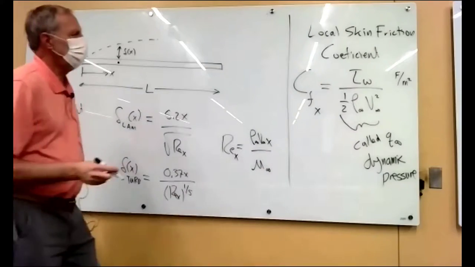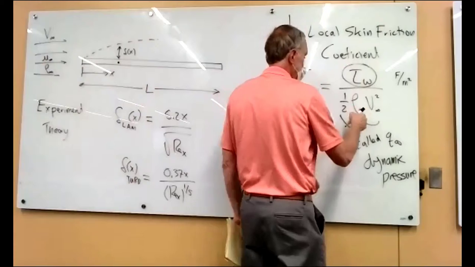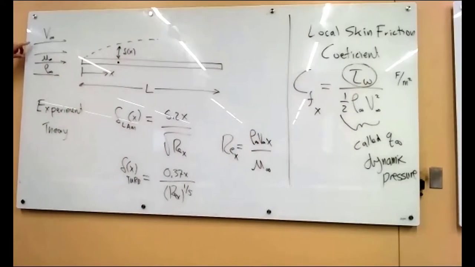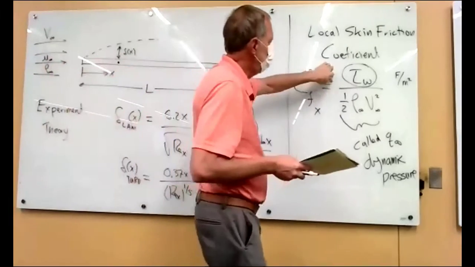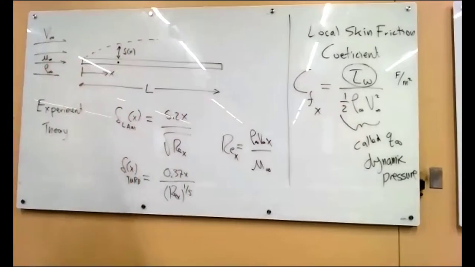And the reason that we divide the shear stress at a certain location by this number is because people have found that if you crank up the velocity of the flow, then the shear stress changes according to the velocity squared. And if you increase the density, there are more molecules to hit the surface, and so the shear stress goes up linearly, proportional to the density.